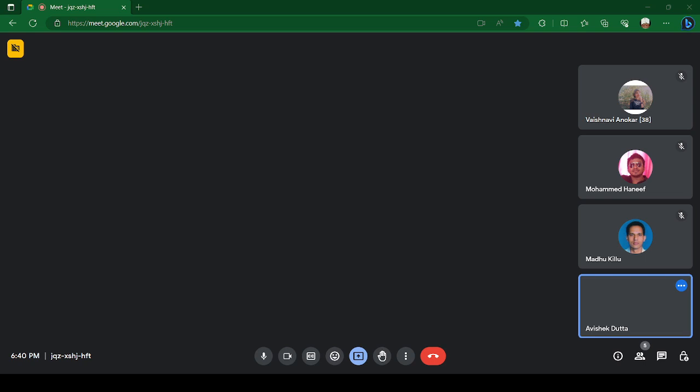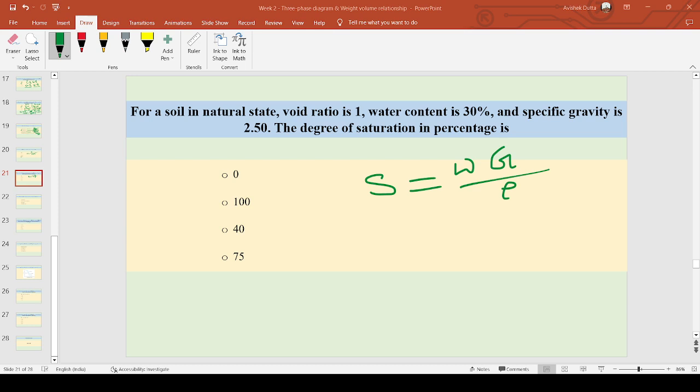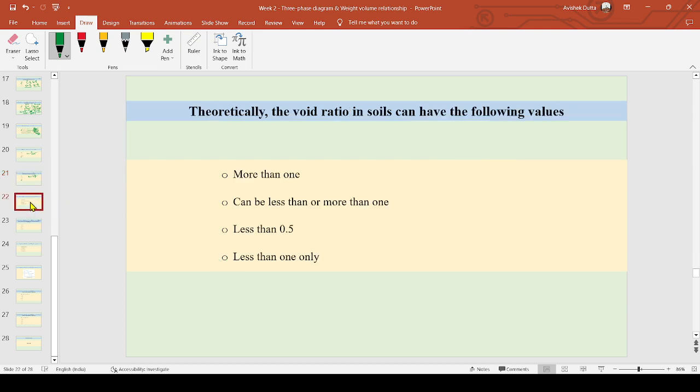Yes, sir. In this case, if w is 30%, it is 0.3, G is 2.5, and e is 1. 0.3 into 2.5, that means you get 0.75 or 75%. Good.